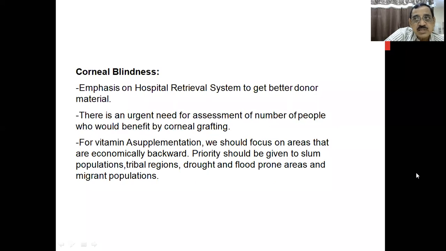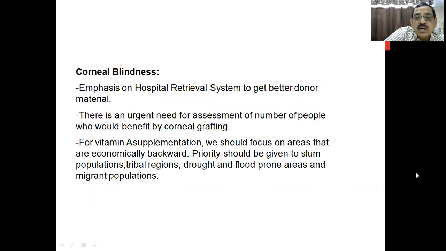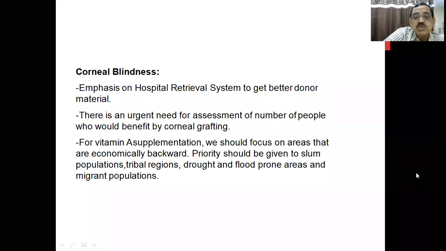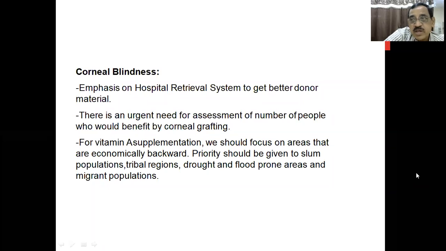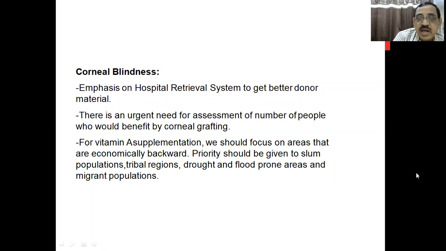Corneal blindness is another thing which we lay a lot of importance on. Emphasis on hospital retrieval system of the corneal button in a dead body. To get better donor material, there is an urgent need for assessment of the number of people who would benefit by corneal grafting, because the demand and supply is not going hand in hand. We have a lot of demand for corneal grafting.